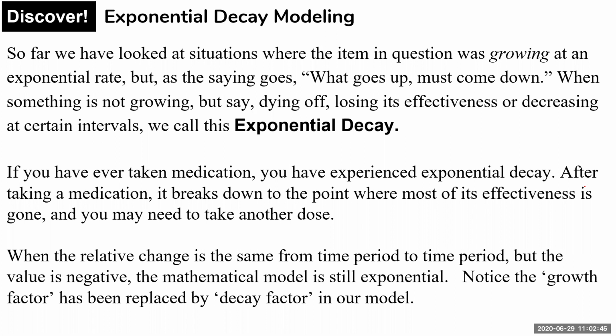The potency of the medication keeps breaking down, and you have to take another to replenish the potency of that medication. The same thing happens when you take alcohol. It goes through exponential decay, or any other substance. Is that okay? Nice. So let's get into exponential decay and see some interesting examples.